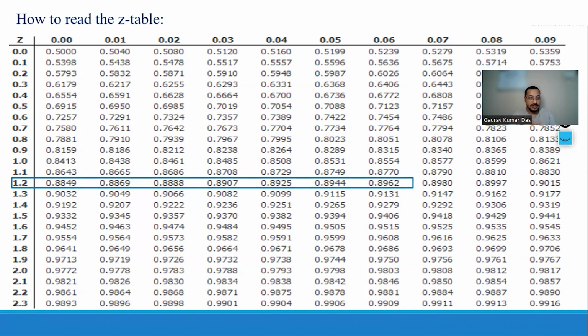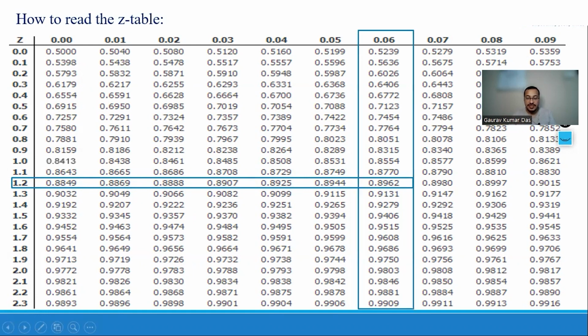So 1.26. 1.2 is on the vertical axis, and 0.06, the second decimal place, will always be on the horizontal line. And if you want to narrow down, you have to go along these lines.